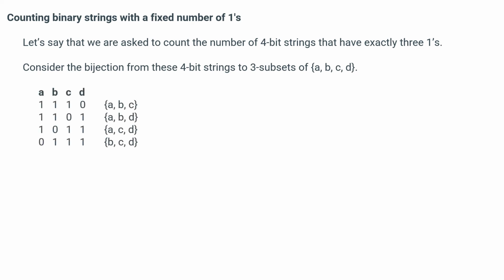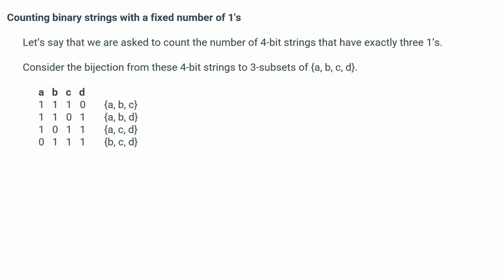So look at here in this little picture, we see all of the different 4-bit strings that have exactly 3 ones. And let's consider a bijection similar to what we considered before, that we've got these sets of size 3 that correspond to those binary strings, in the sense that if there's a 1 in a certain slot, then that corresponding set is meant then to be part of that subset.